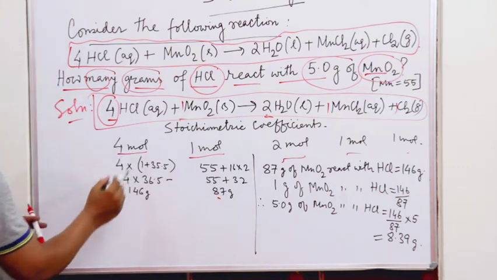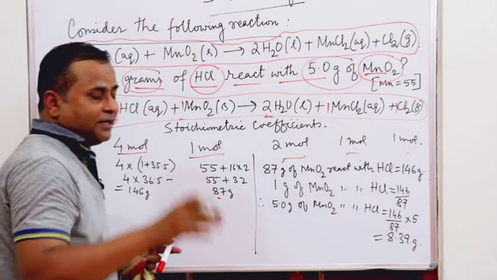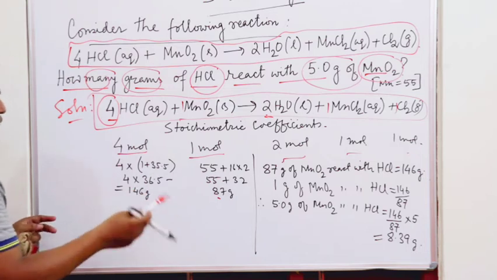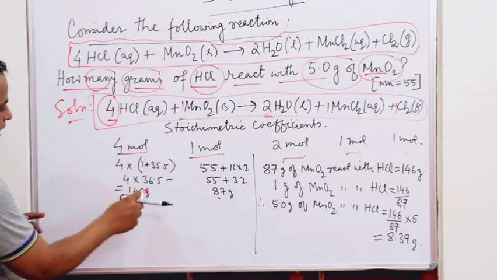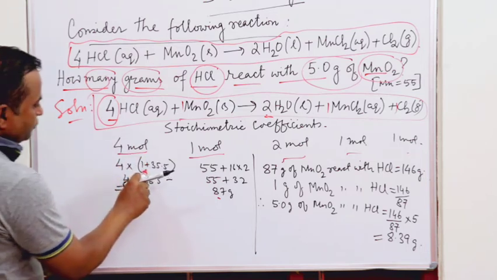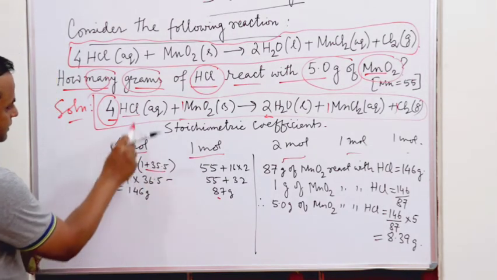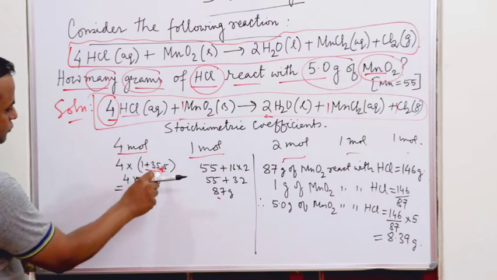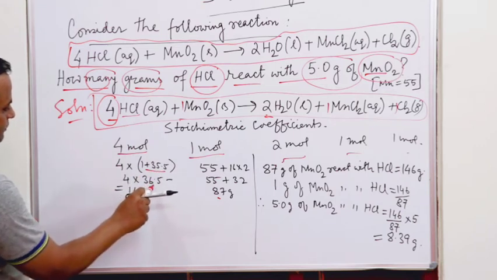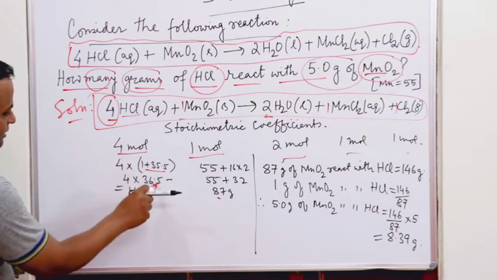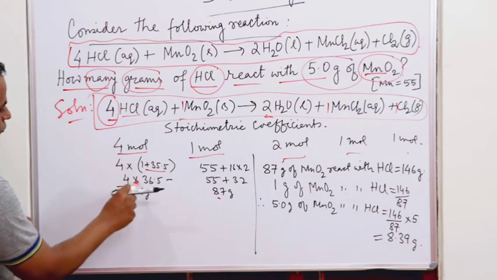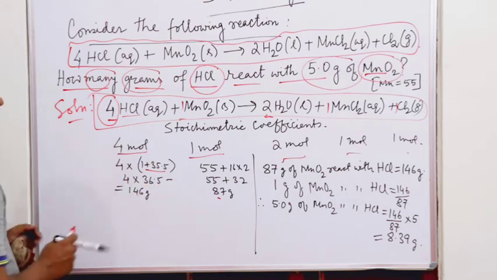Now this mole, the third step, can be changed into gram. How? Into mass. First of all you calculate the molar mass of HCl. Mass of H is 1, mass of Cl is 35.5, so on adding we get 36.5. So 1 mole is 36.5, 4 mole means 4 into 36.5, that is 146 gram.